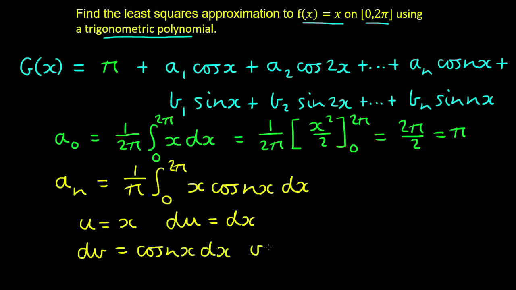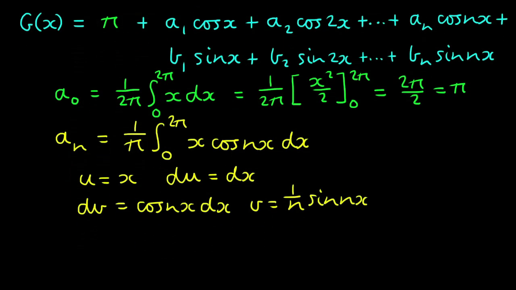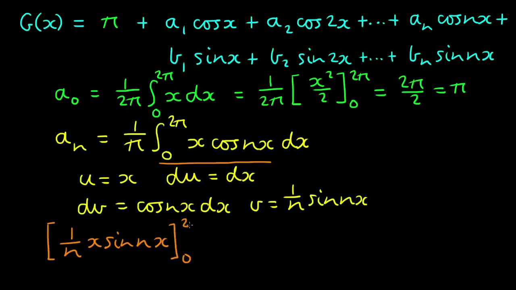So therefore v is 1 on n by sine nx. So therefore this integral can be rewritten as u multiplied by v, which is 1 on n by x by sine nx, evaluated from 0 to 2 pi, minus the integral of v du.